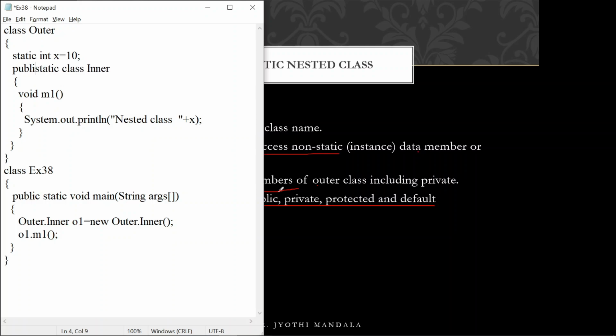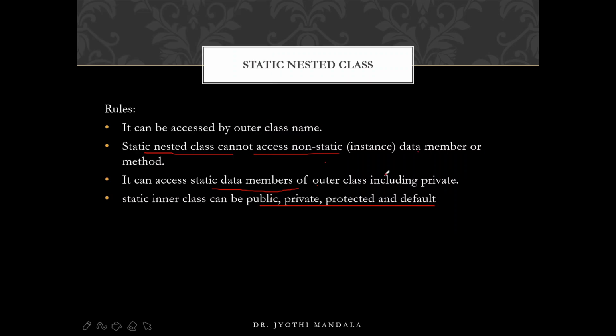So here it can be public, here it can be private. If you put private and try to use this one, that cannot be used. If you want to use it, this main method should be written inside this class only. Got it? Private. This can be protected, and this can be default. We have not written anything, so this can be default also. That is what is mentioned here.